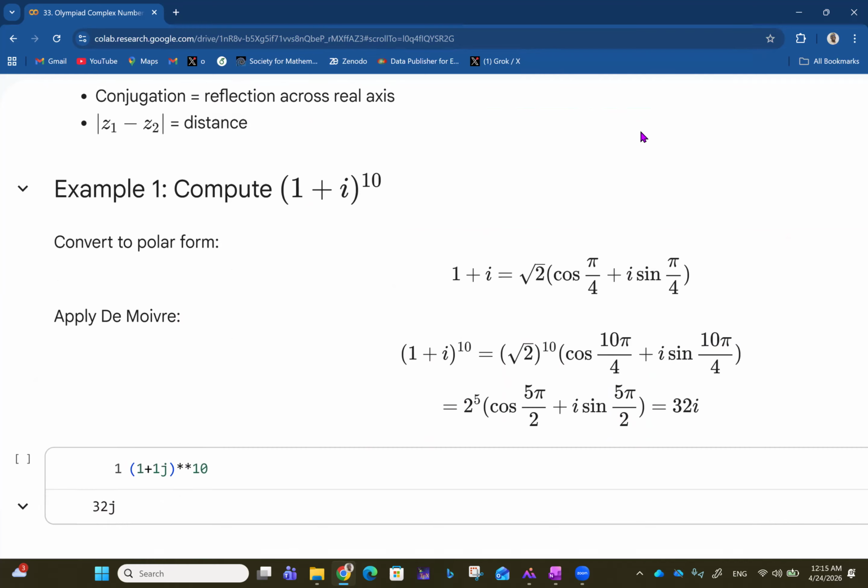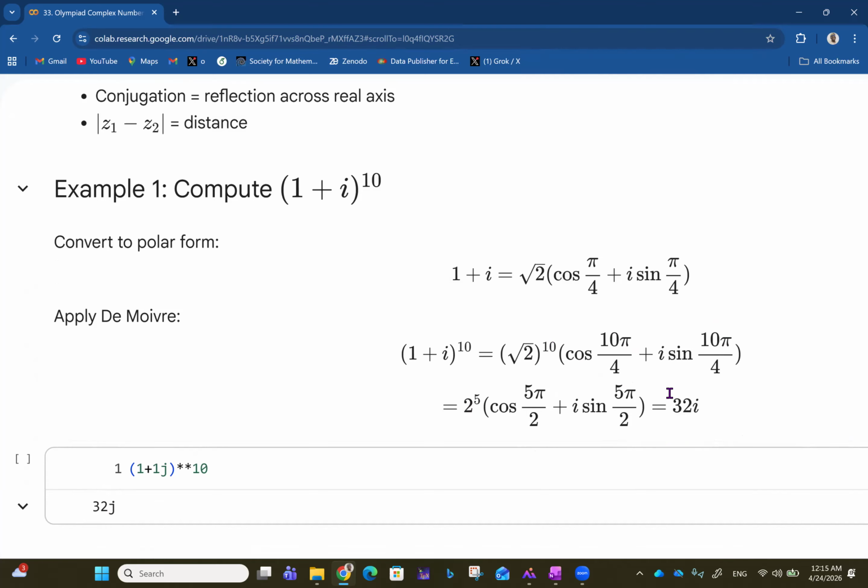So if you raise this to power 10, this root 2 is raised to power 10, and then you have cos of 10 times pi over 4, that's 10 pi over 4, plus i sin 10 pi over 4. Root 2 raised to power 10 is 2 raised to power half times 10, that's 2 to the power 5. And 10 pi over 4 is 5 pi over 2, in both places.